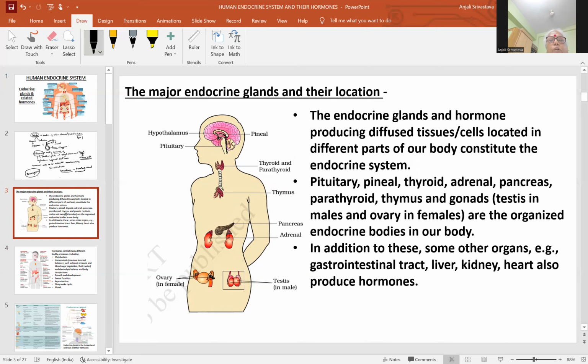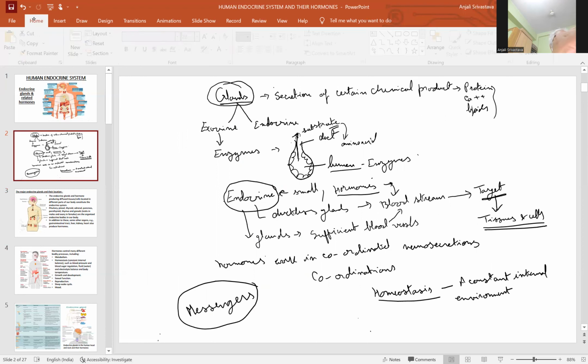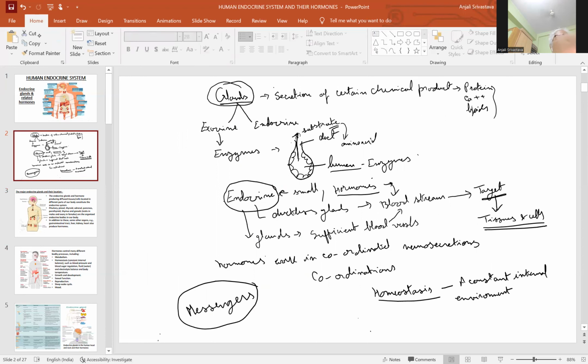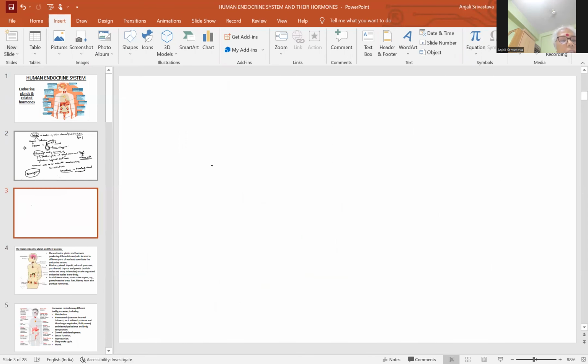So let us come to the major endocrine glands and their location. Here let us see the major endocrine glands and the number of hormones they secrete.